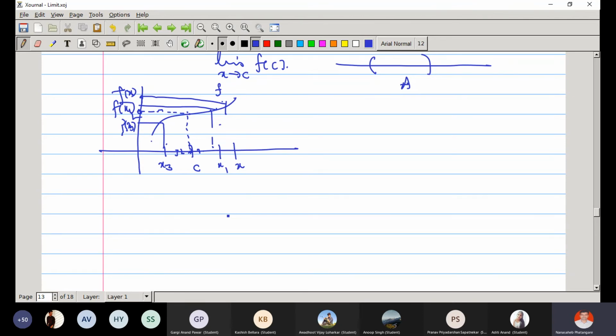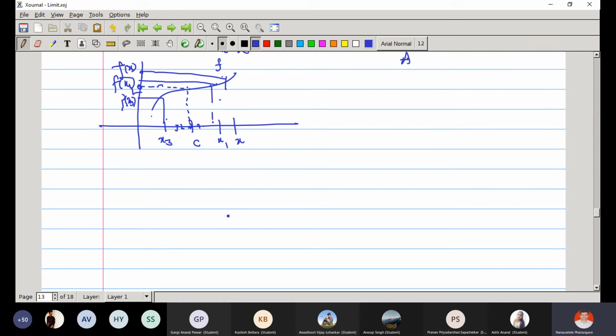Most of the times it is very difficult. Right. So, what is the definition or what is the criteria to prove some number is a limit or find the limit, that we are going to discuss, right? But what is the criteria? What is the technical definition?